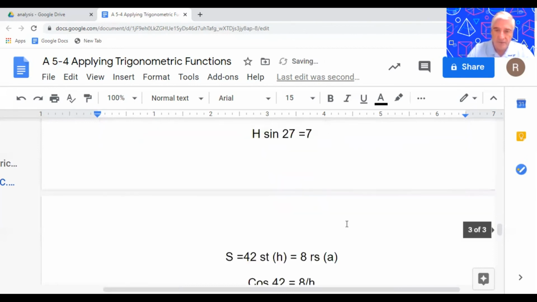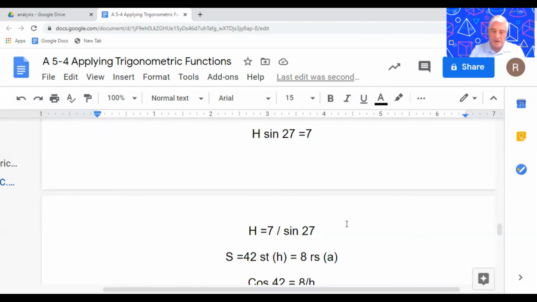So now we divide by the sine of 27, we get h equals 7 divided by the sine of 27. Now I go to the calculator. I set it up in algebra first, then I go to the calculator.